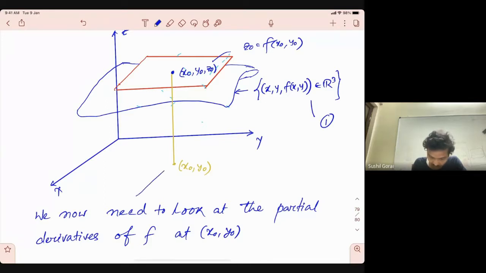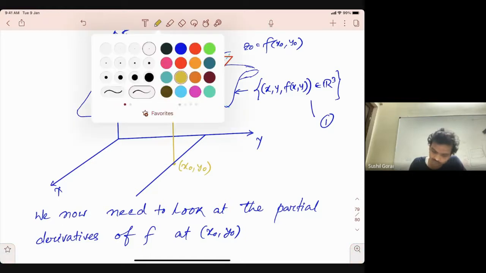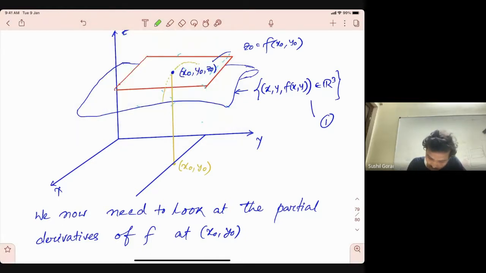Now if you look at a line like this, passing through x naught, y naught, parallel to the x-axis, the image corresponding to this will be something like this, right? What will be the image of this line? It's a curve, right?